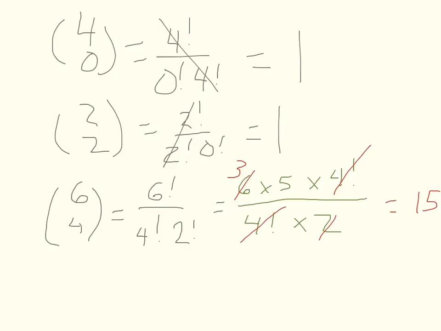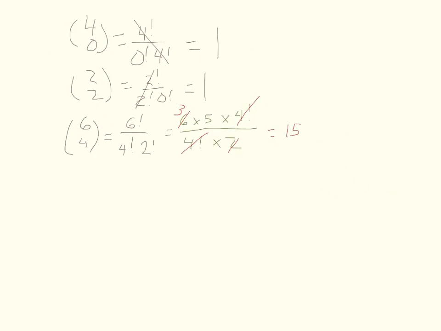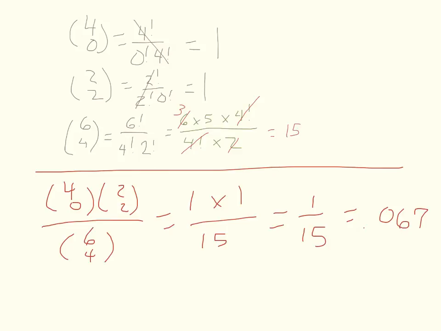So if you look at what your equation is, I'll just draw a line here: 4 choose 0 times 2 choose 2, over 6 choose 4, which is 1 times 1 over 15, which is 1/15, which is 0.067.